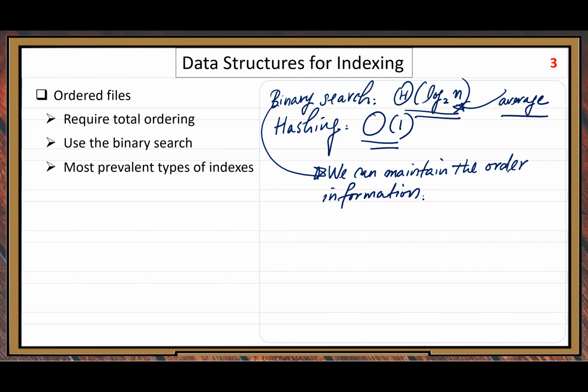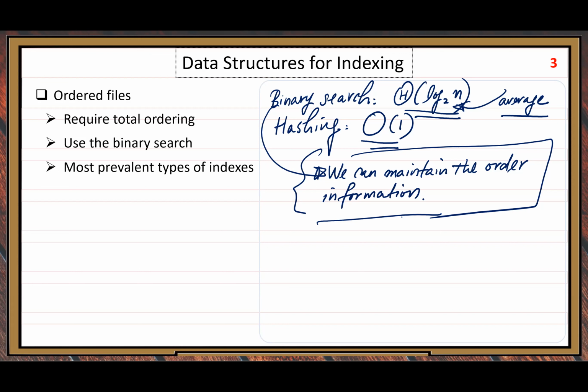That's the reason if your original data has the total order, it's better to use binary search based index files, because when you need to do the sorting, it's fast and very simple.